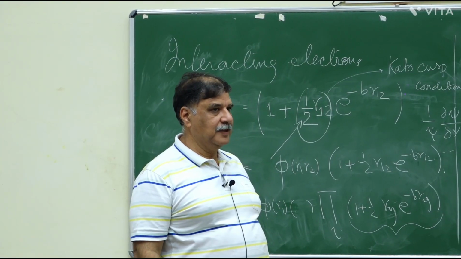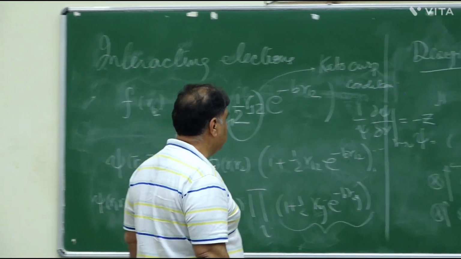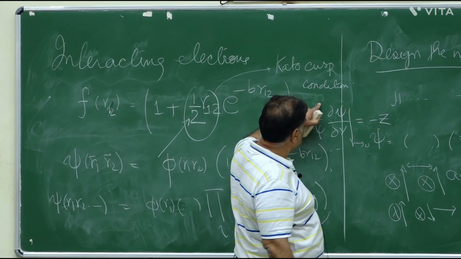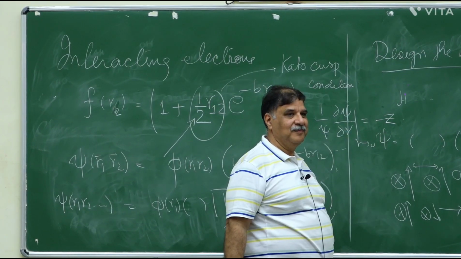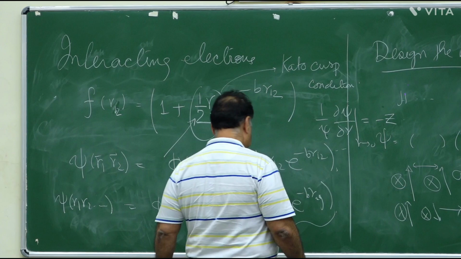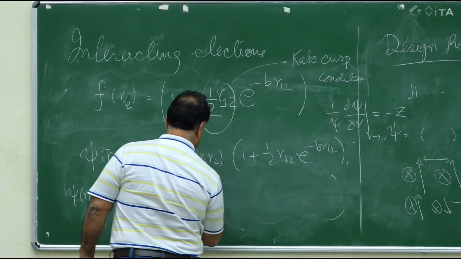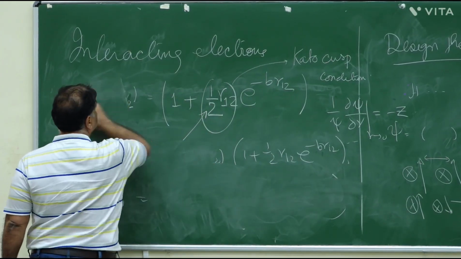Alright? That's the condition. So with that, you see that d psi by dr is psi, you do 1 over r, you get z over r, and that cancels with the Coulomb term. Okay? Okay, so that's another way.